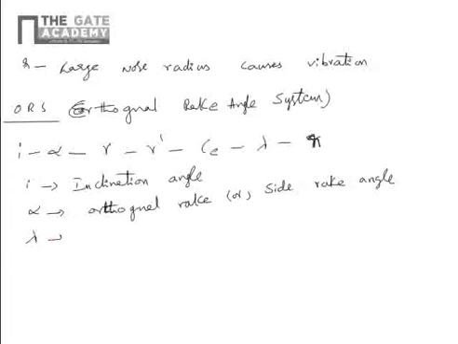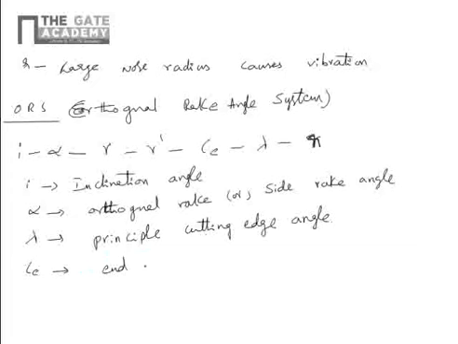Lambda is principal cutting edge angle. C is auxiliary end cutting edge angle. Similarly, gamma and gamma dash are relief angles.